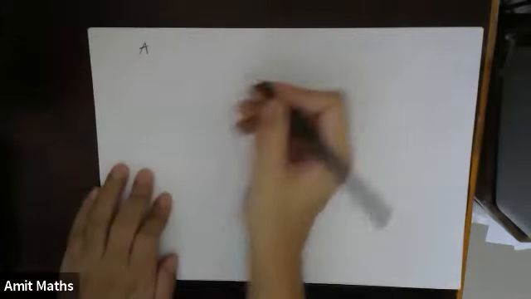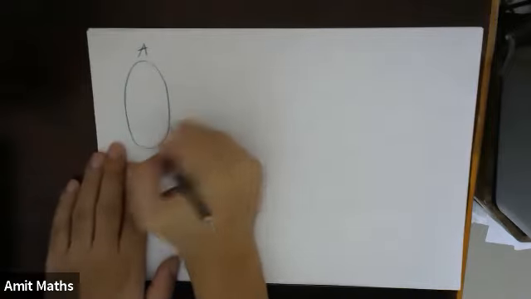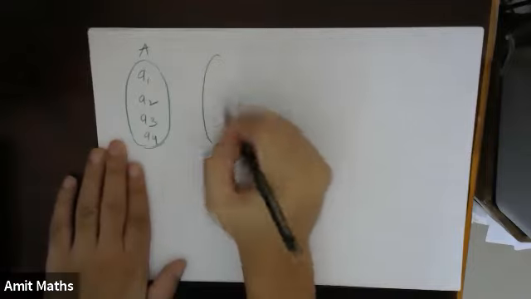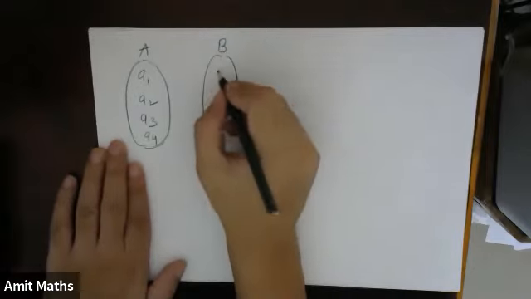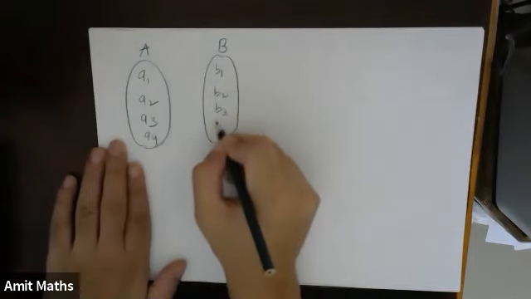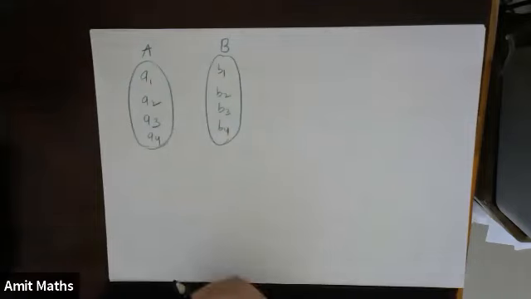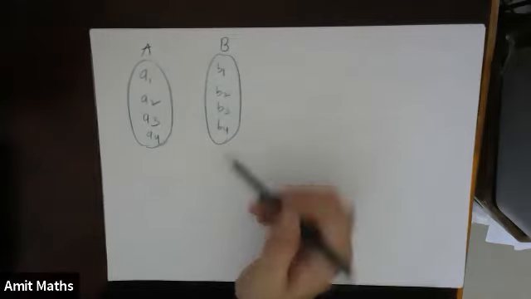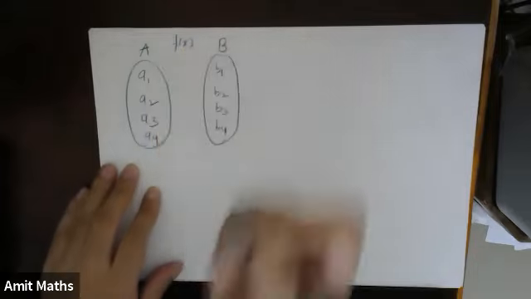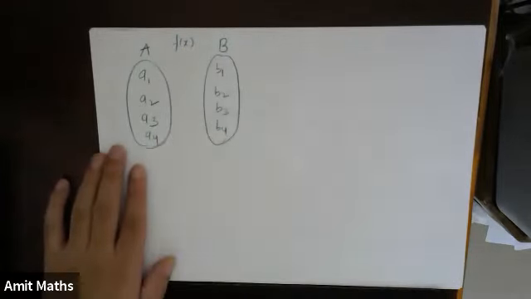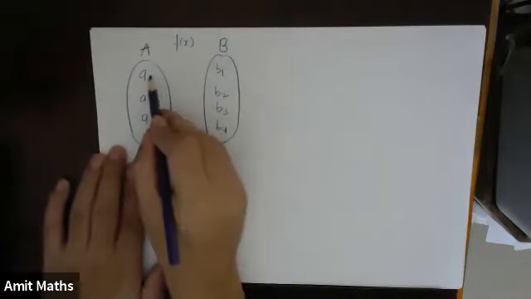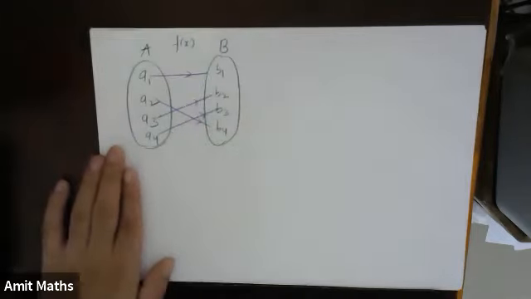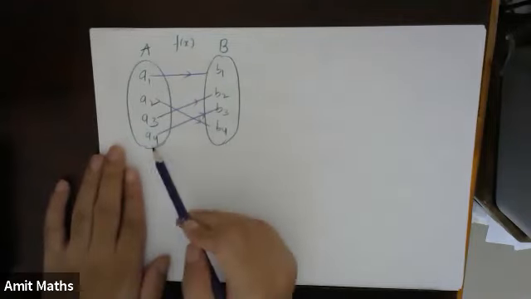Suppose A is a set having elements A1, A2, A3 and A4, and B has elements B1, B2, B3 and B4, for a function f from A to B. The mapping is something like this: A1 is linked with B1, A2 is linked with B4, A3 with B2 and A4 with B3.